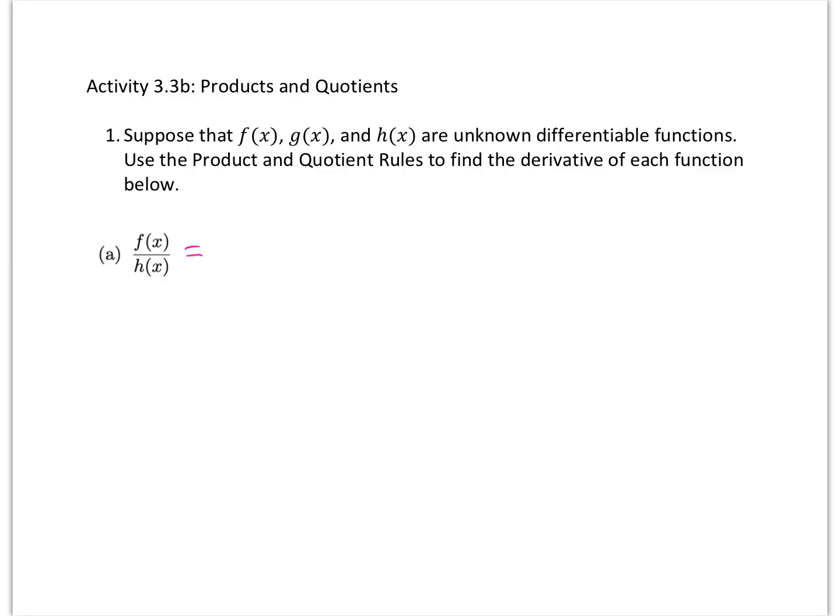Low is h. D high is the derivative of the numerator. Low d high minus high d low, that's the derivative of the denominator, all over the square of what's below, h squared.